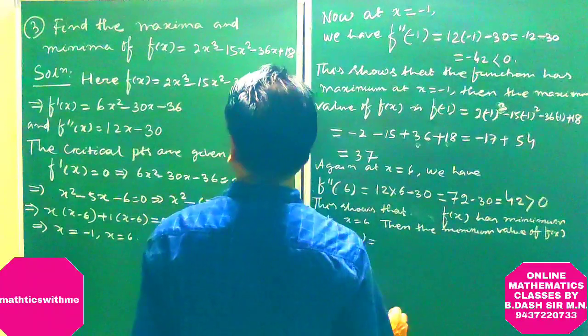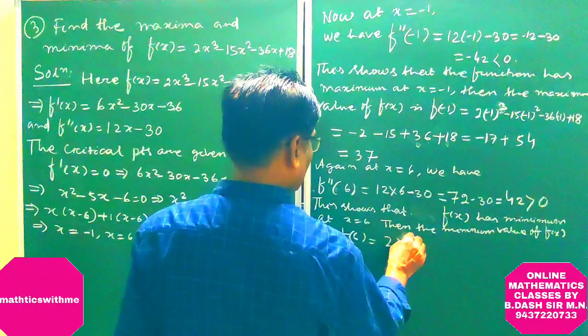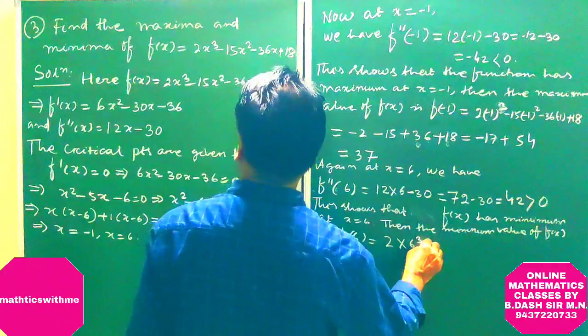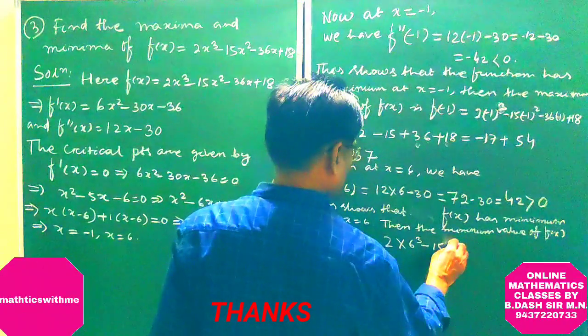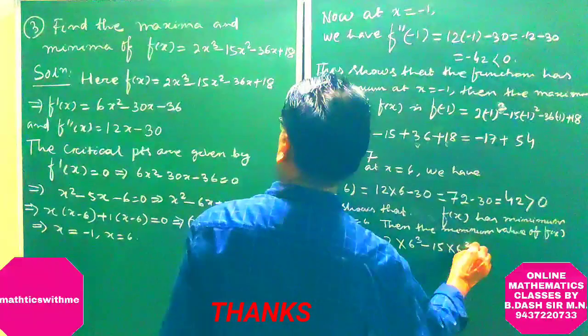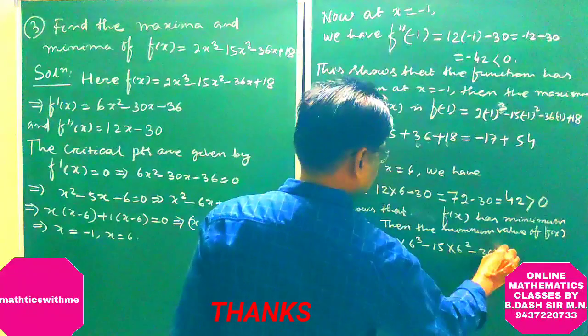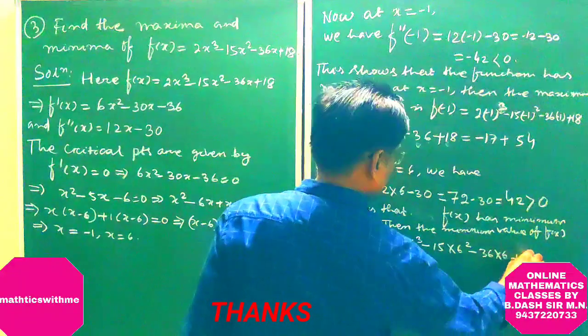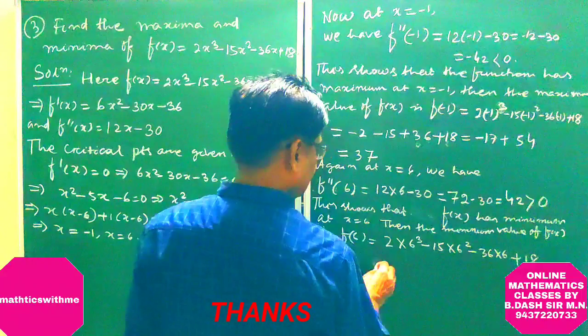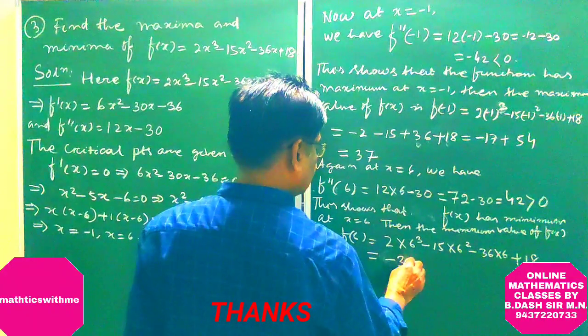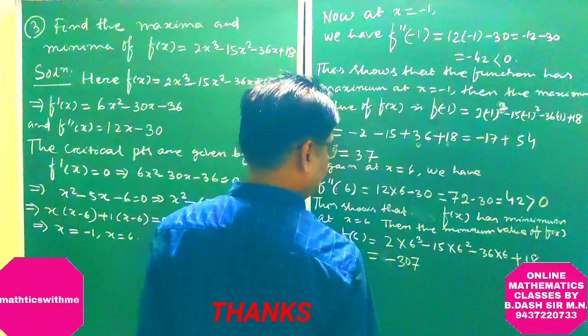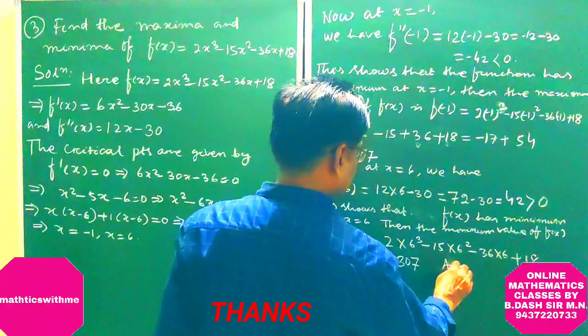This is equals to 2 into 6 cube, minus 15 into 6 square, minus 36 into 6 plus 18. So this is equals to minus 307. Answer.